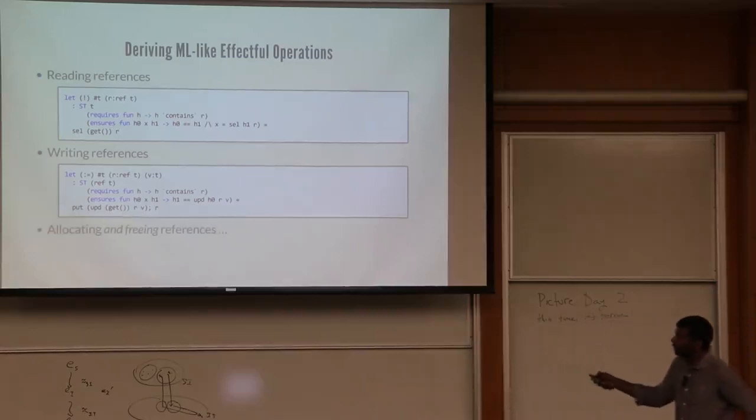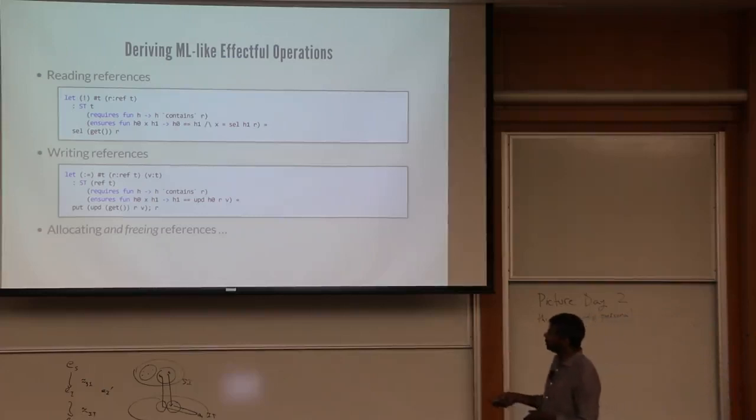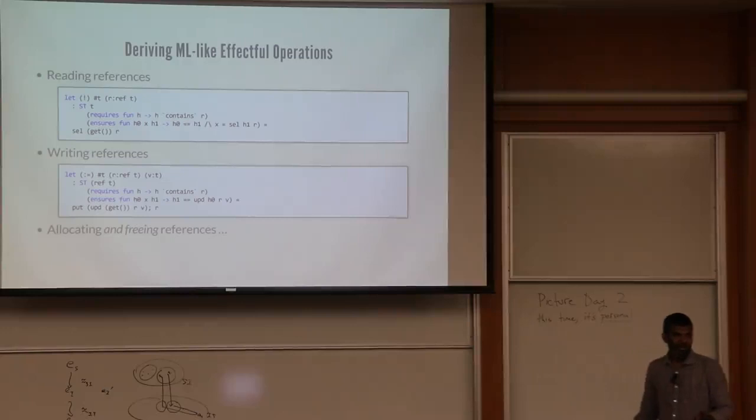And that's reading and writing, but the ML memory model does not allow you to free references, right? It's GC'd. But because we have a powerful logic here, we can add free and guard it by suitable preconditions.